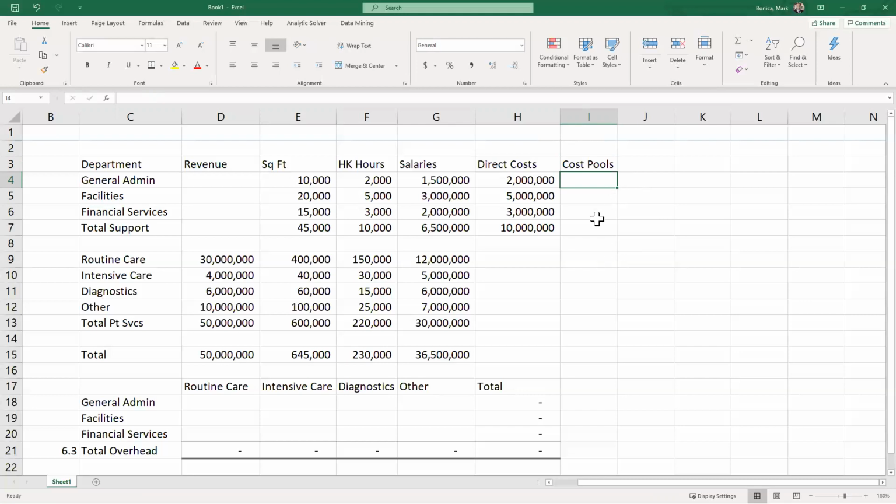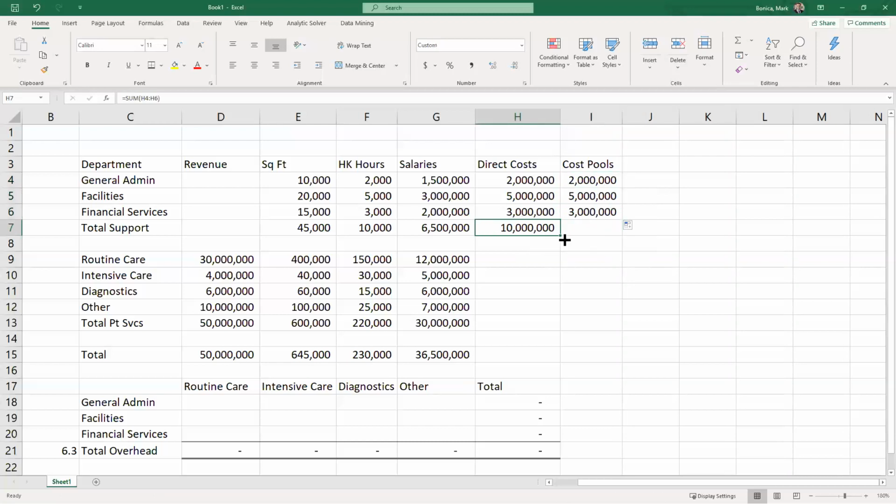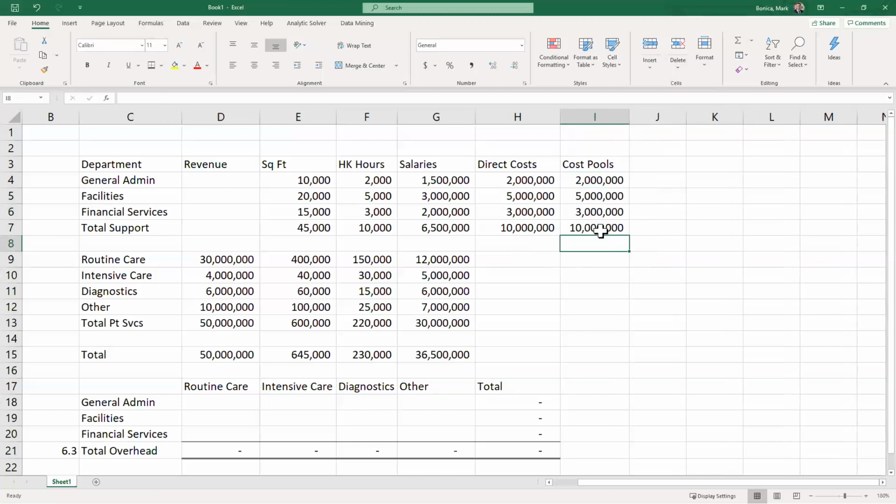Since we're doing the direct method and directly allocating, the cost pool is just going to be equal to the direct cost for each of these. And then we can copy over the sum. So the cost pool is equal to the direct costs when we're doing the direct method. That'll be a little bit different when we get to step down in 6.5.